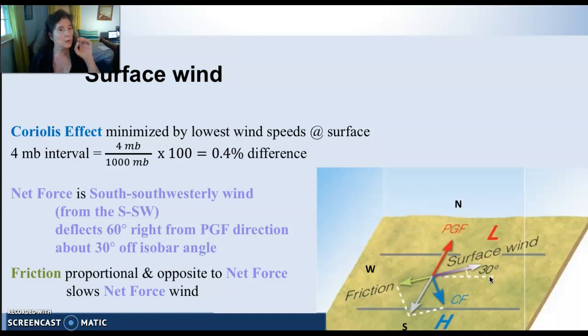Again, friction is going to become even more important and slow the wind down even more. And the friction adds a force that is opposite and proportional to the net force, which is the surface wind. So the friction acts in the other way, proportionally and opposite to the net force on the surface wind.